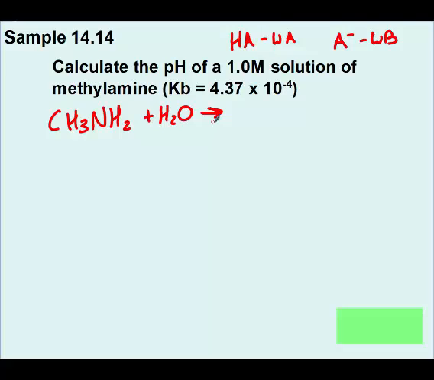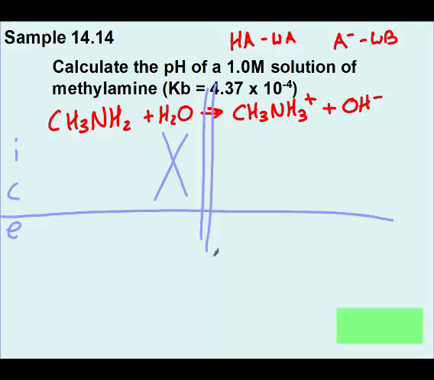Our weak base should be gaining a proton, and when it gains a proton, it's going to stick it on the end of that to turn it into NH3. We gained a proton, so that's going to become positive because it was neutral. And we're going to have hydroxide. So I'm going to pause the video and set up your RICE chart and solve for your pH. Restart when you have your pH.